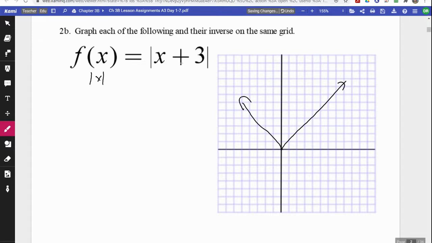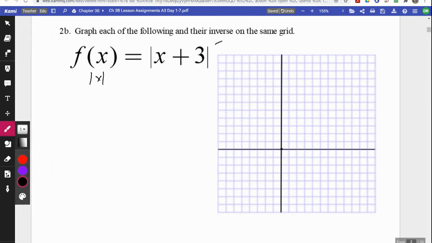The transformation that happened is left 3, because inside +3 means left 3. So we actually have, from what our actual function is right here, a graph centered right there. It goes up and to the left.